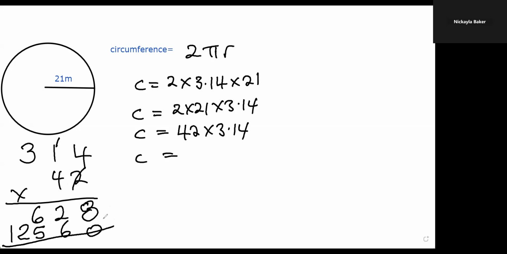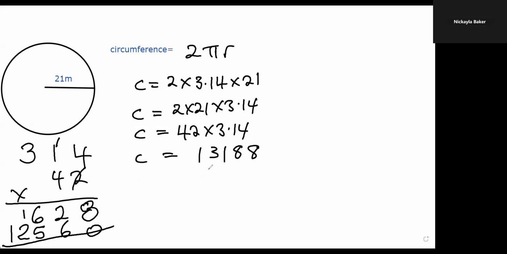So 8 plus 0 is 8. 6 plus 2 is 8. 6 plus 5 is 11, plus the 1. So I put 1 here. 2 plus 1 is 3. And 1 plus nothing is 1.